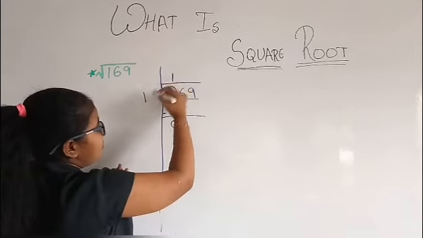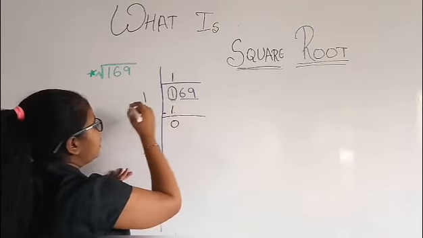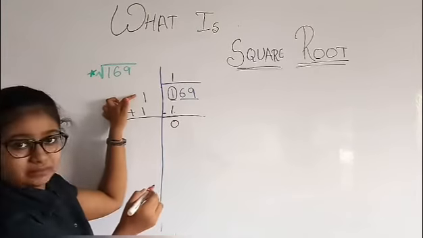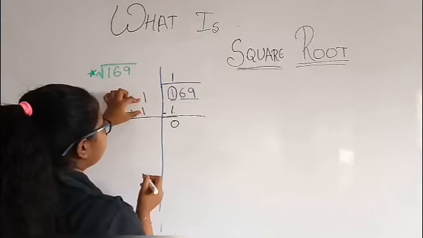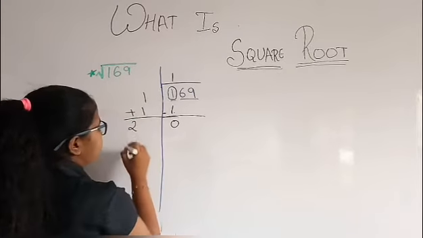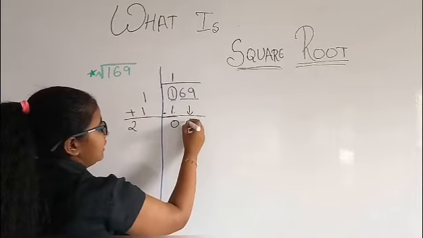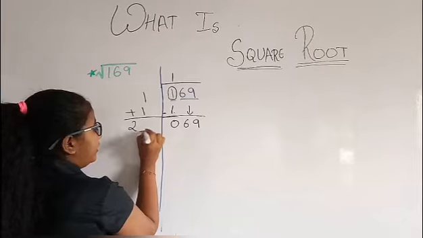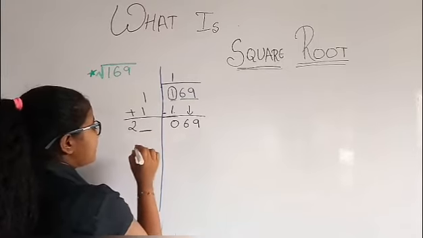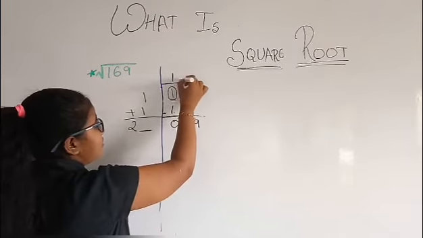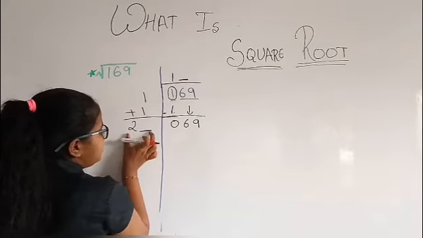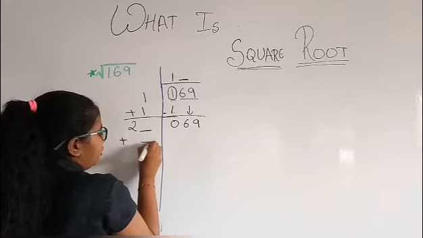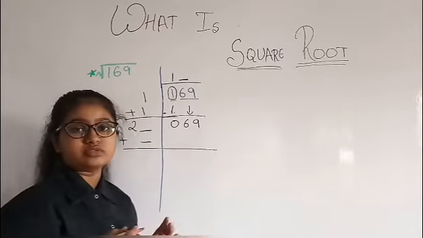Now we have to put 1 here, but we have to add 1 again here because this was the first step. That's why we will write 1 again and add these to get 2. Now bring the number 69 down. Put a digit here, such that when we multiply these numbers, we get 69, and we have to add the number also. We have to choose a perfect number.